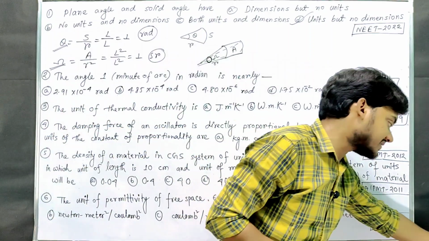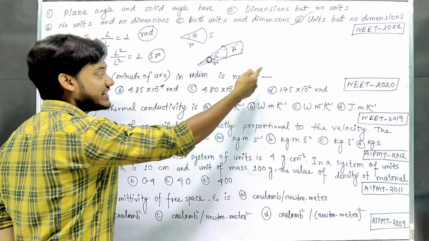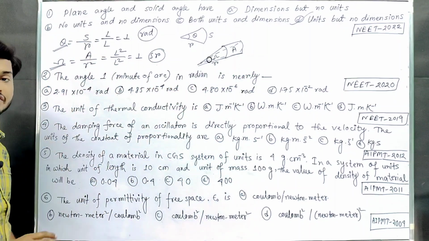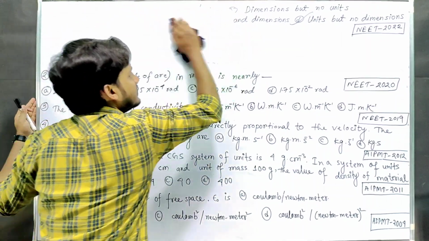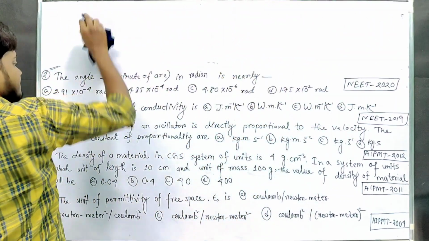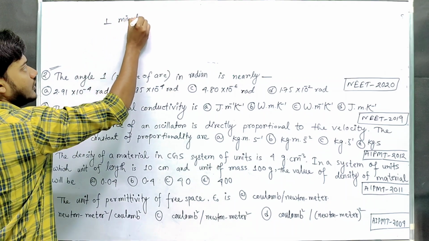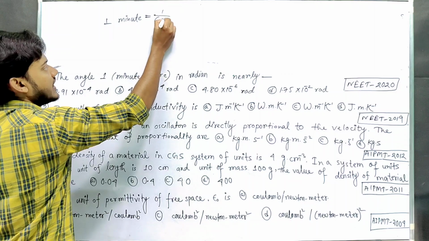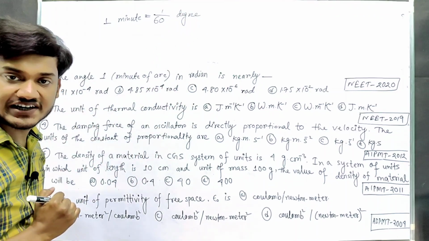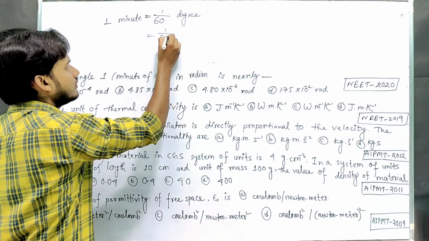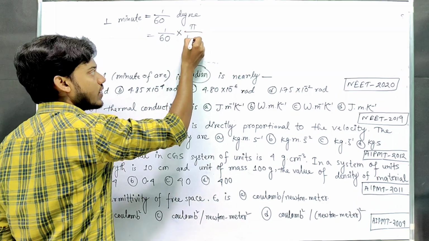Okay, next question, question number 2. The angle 1 minute of arc in radian is nearly, options are given. So 1 minute equals, we know, 1 by 60 degree. Yes or no? 1 degree equals pi by 180 radian.